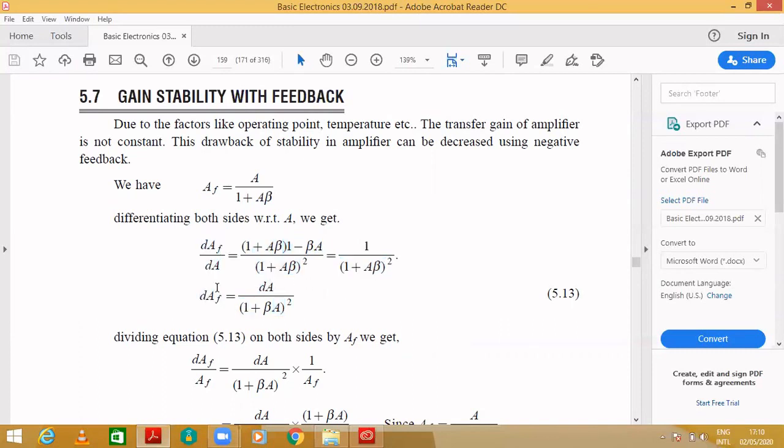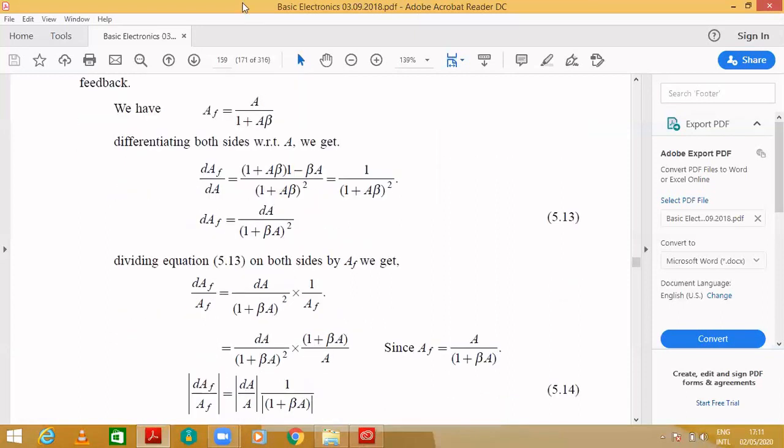Next, transferring this to the numerator, it becomes dAF equals dA by (1 plus beta A) square. Next, dividing the above equation 5.13 on both sides by AF. You already know the AF formula, that is A by 1 plus A beta.